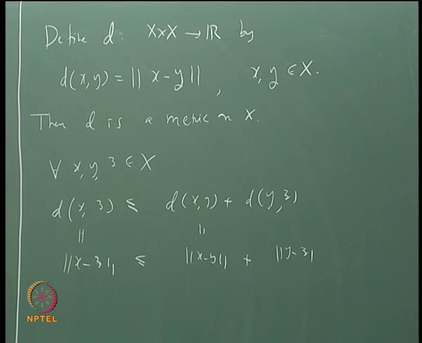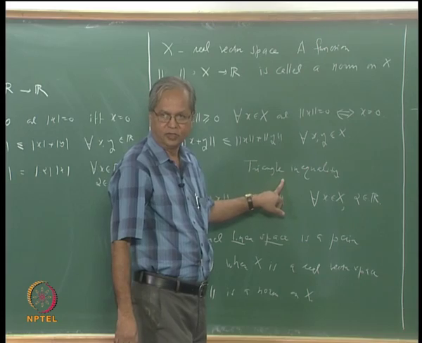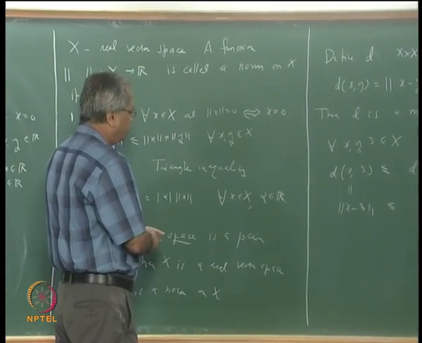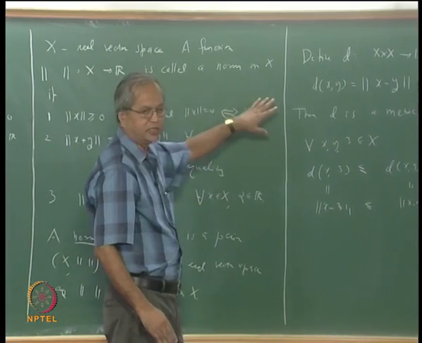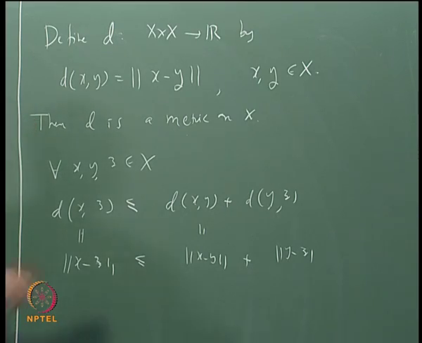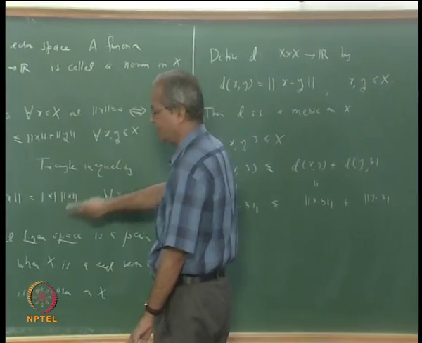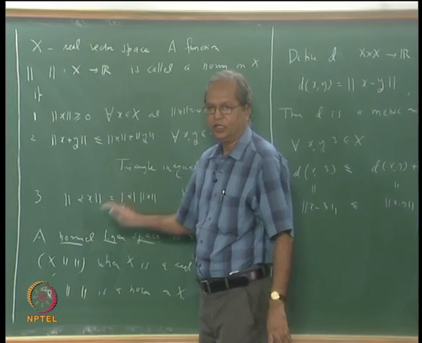That is why this is also called the triangular inequality. So every norm leads to a metric. So d is a metric on X, and this metric is called induced by this norm.